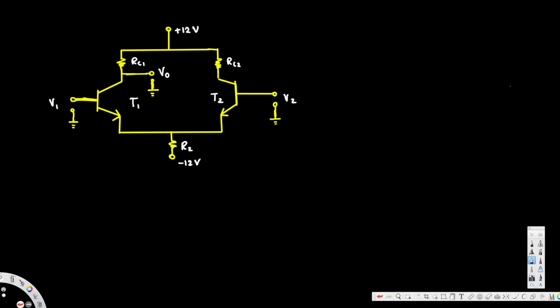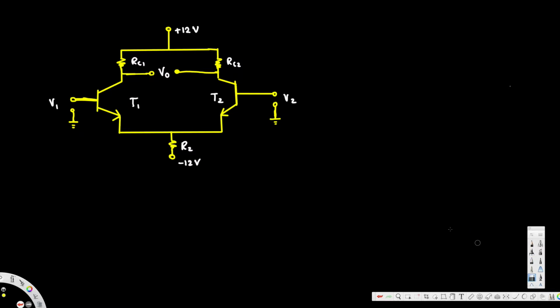First, if you have V output connected like this, it is called double-ended input and double-ended output.